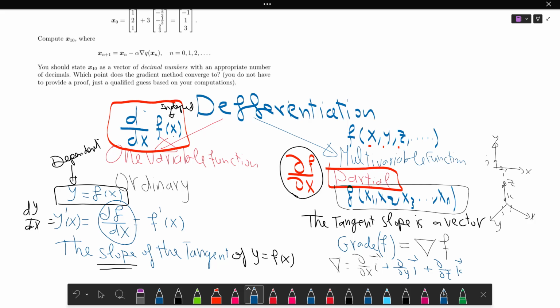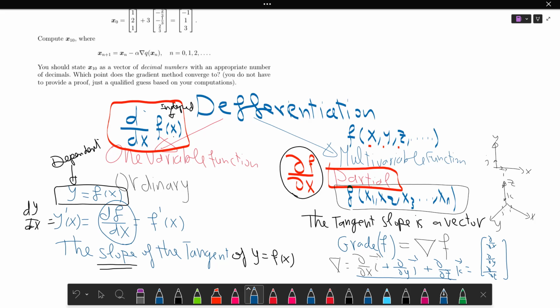So you can write this as a vector: partial by partial x, partial by partial y, partial by partial z. Sometimes they write the vector in this way, and sometimes in that way, right?